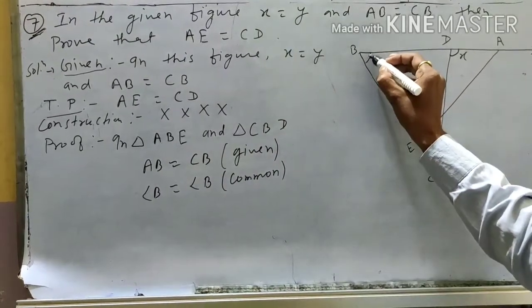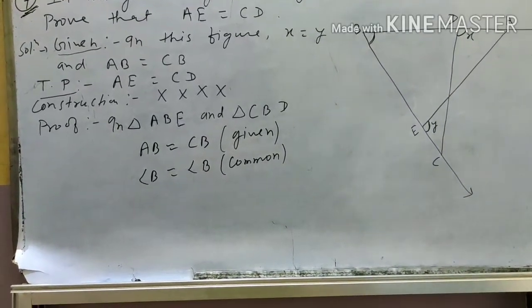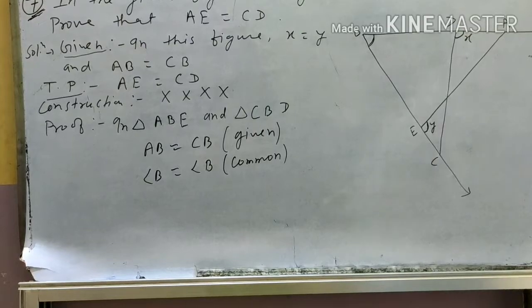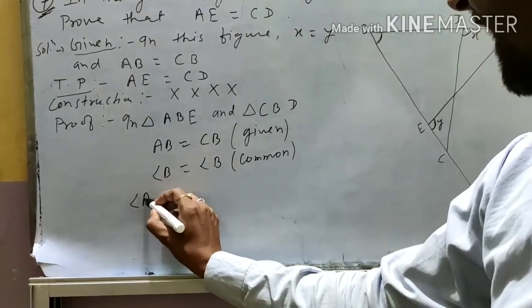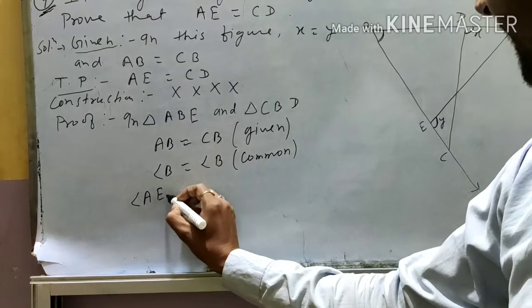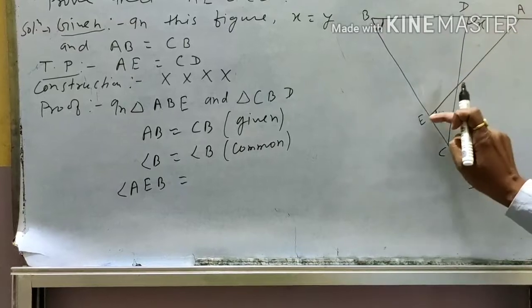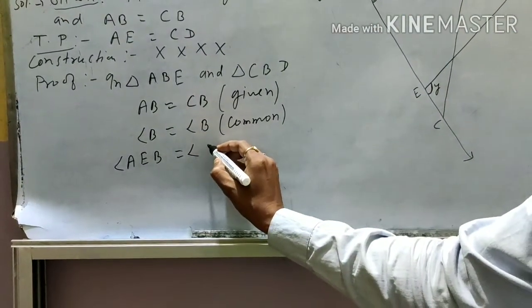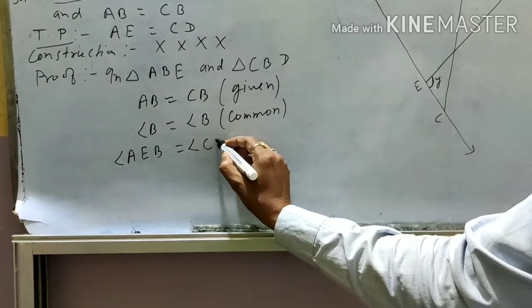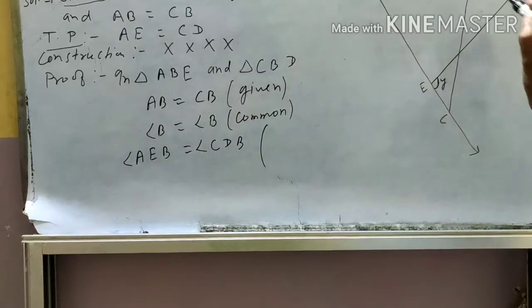And the last one is angle AEB is equal to angle CDB. What is the reason behind this, student?